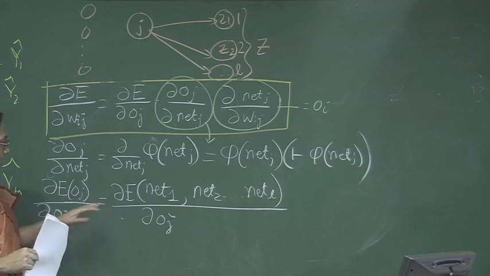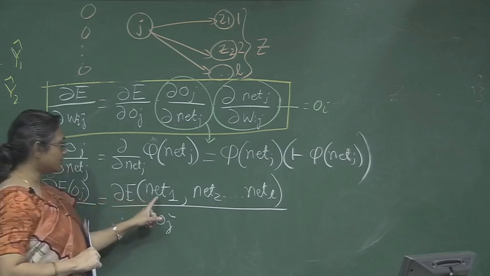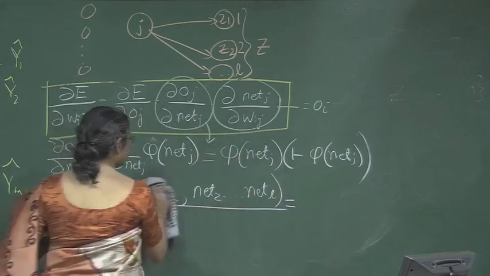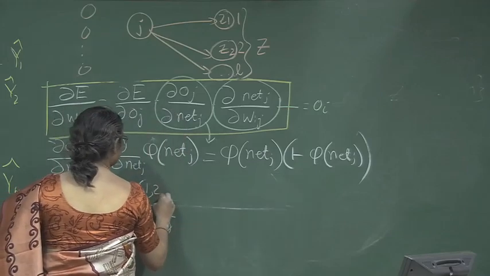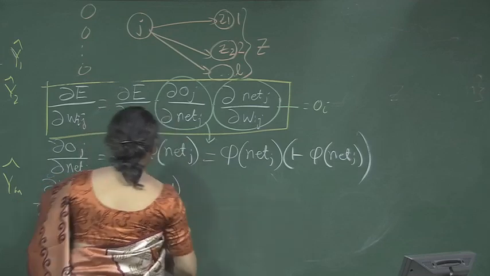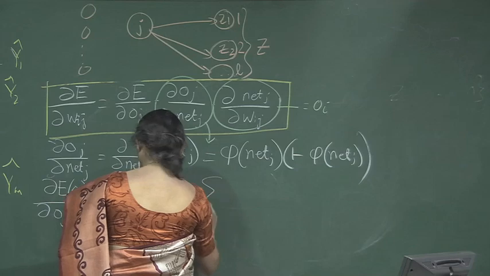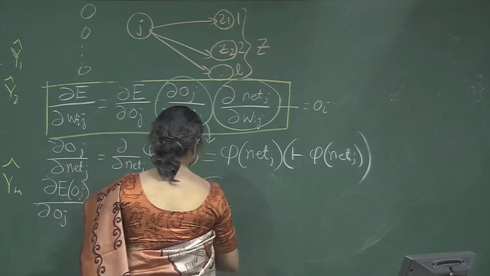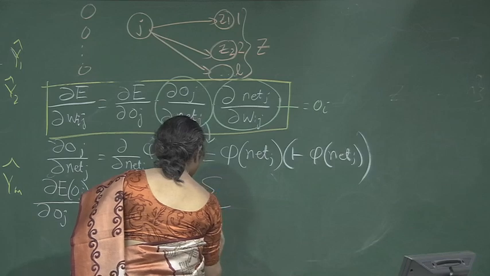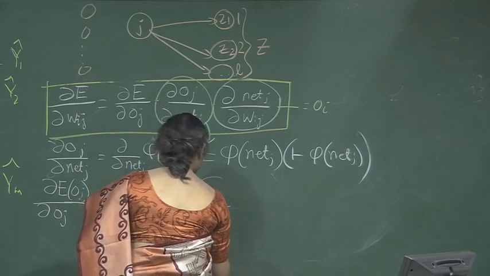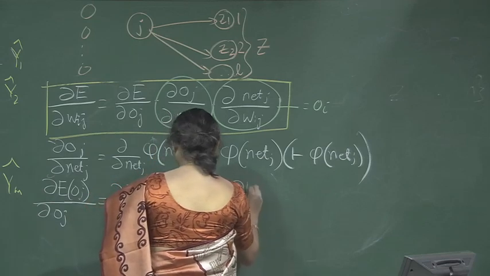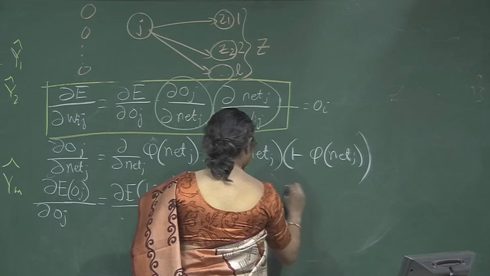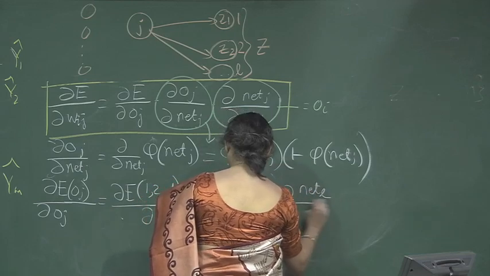So, now this error, these components due to net 1, net 2, net L, we can do a summation. So, we can write this as, let me again compact it, error of 1, 2, L, and this we can write as summation over L, this index, let us call it ID, or let us use L as the index, and we have del E by del net L, del net L by del OJ.